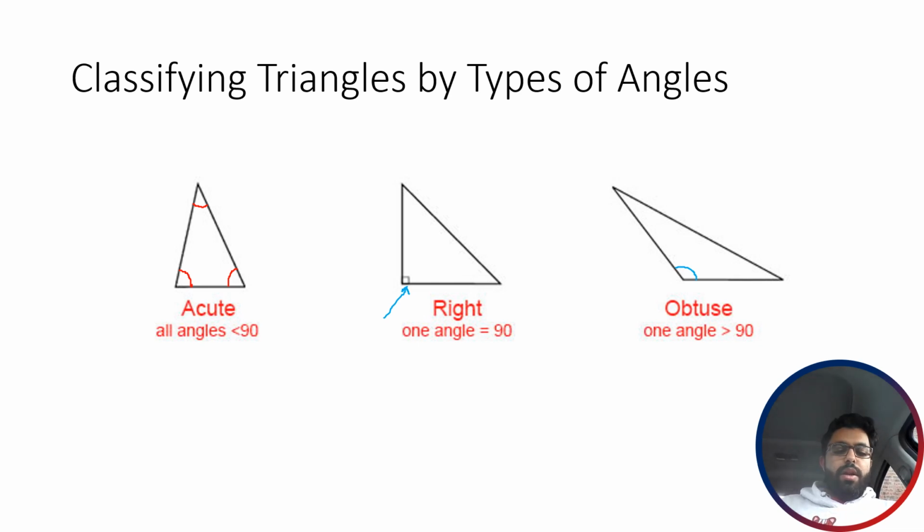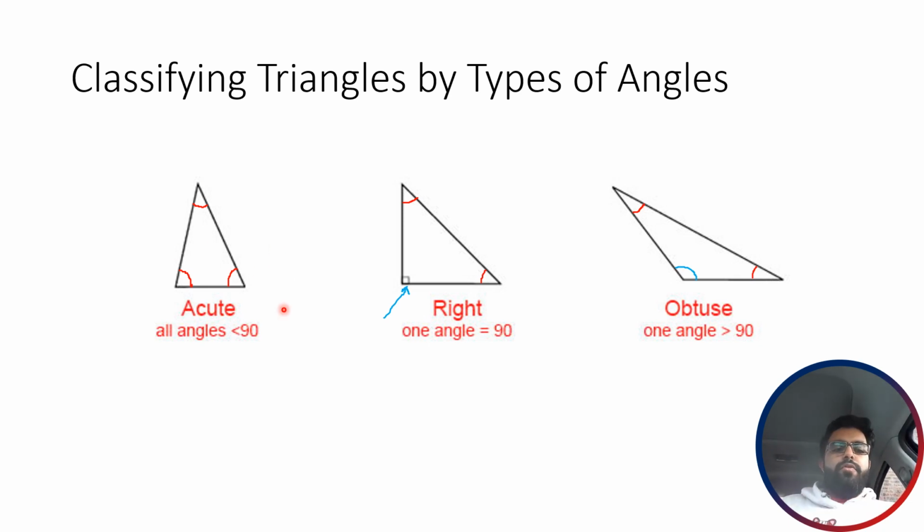So what I'll show you as well is you're guaranteed to always have at least two acute angles. So in the right triangle, the acute angles are here and here. In the obtuse triangle, the acute angles are here and here. And in the acute triangle, they're all acute angles.